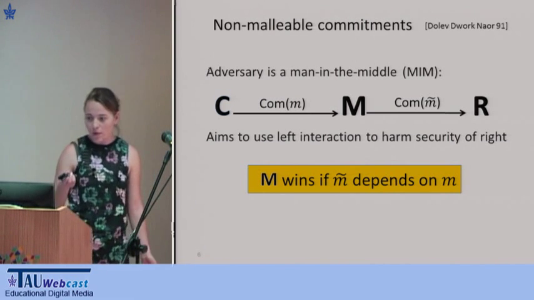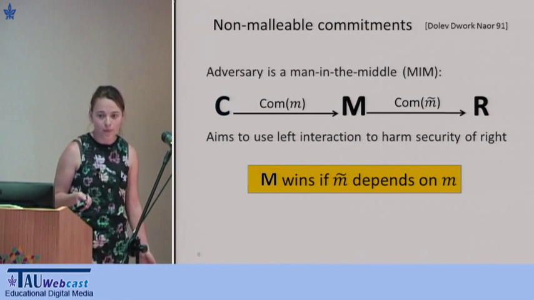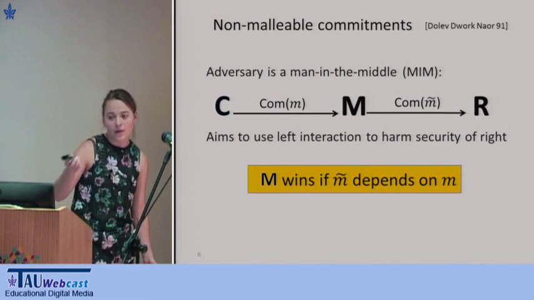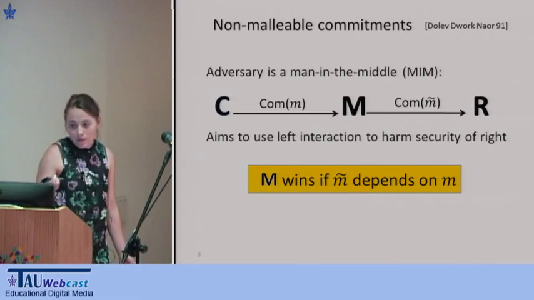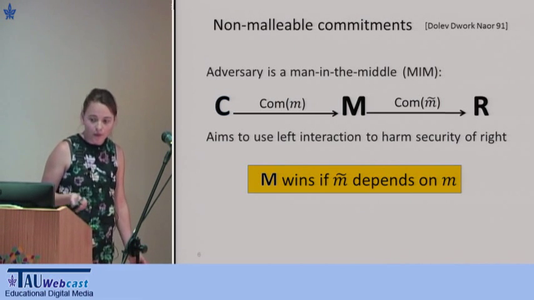We should note that in this definition, there is no opening of the commitment. So the value that the man in the middle commits to must be uniquely determined from the transcript. Otherwise, it's not well defined.